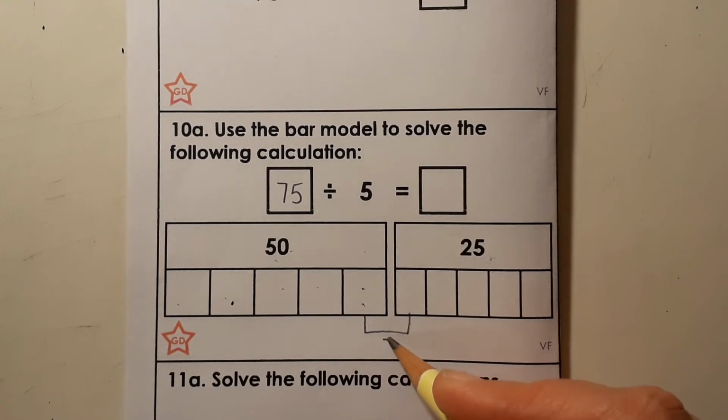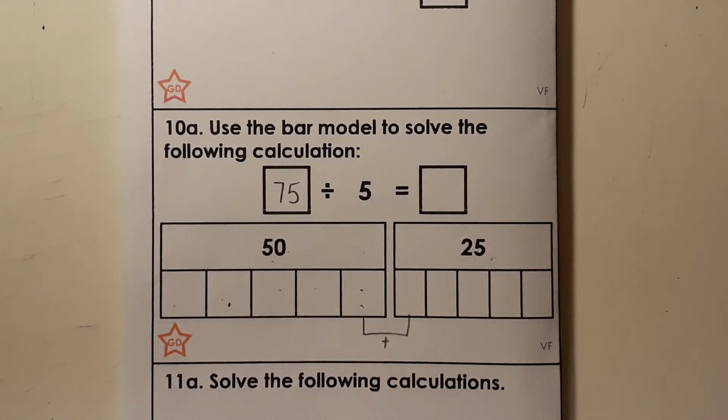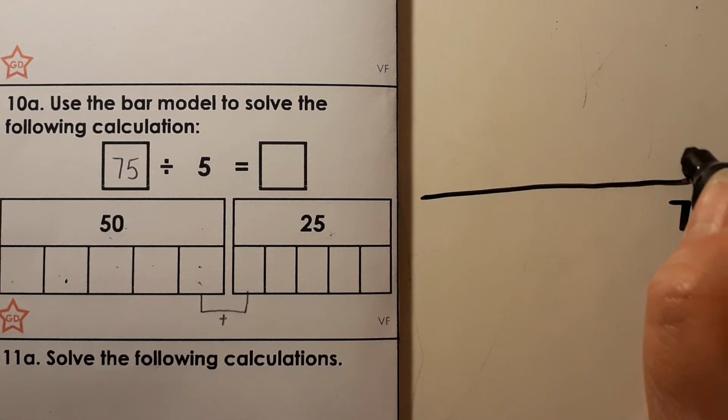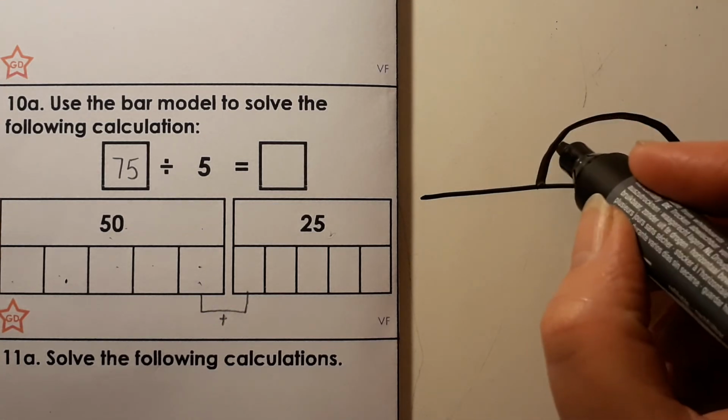Okay, have a think and see if you can work it out. And if you're not sure in the bars, come back to your number line. Okay, so we'll be thinking about what 10 groups is worth.